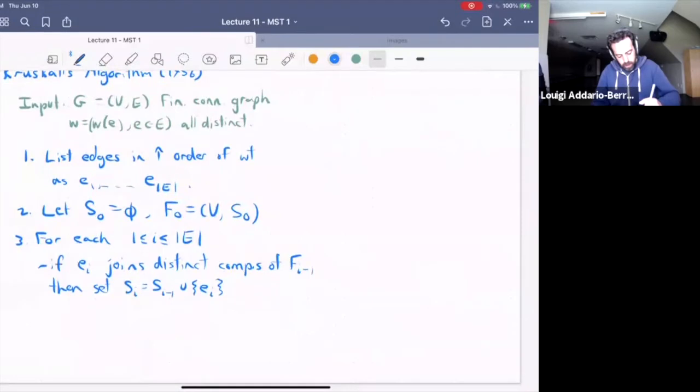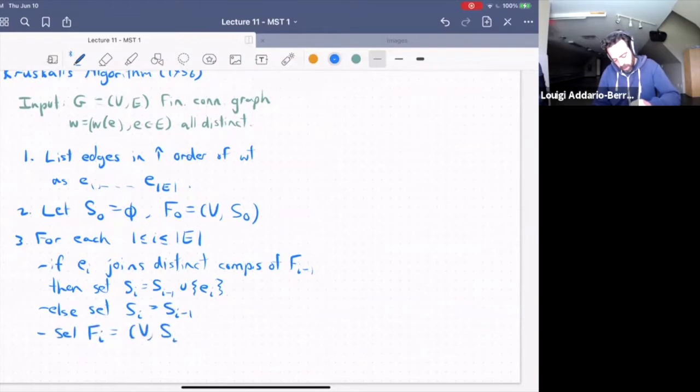Otherwise we won't add the edge, so we'll leave the edge set as is. And then we'll set Fi to be the forest with edge set Si. So we go along adding the edges one at a time. We only add edges if they don't create cycles, because the edges that don't create cycles are the ones that join distinct connected components of the growing graph. And then at the end, we output the final forest, which will be a tree.